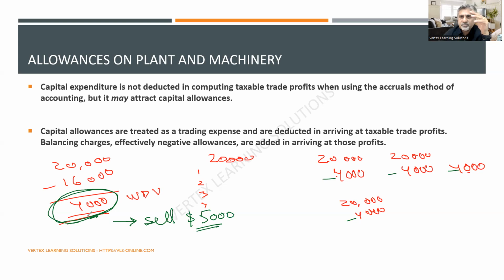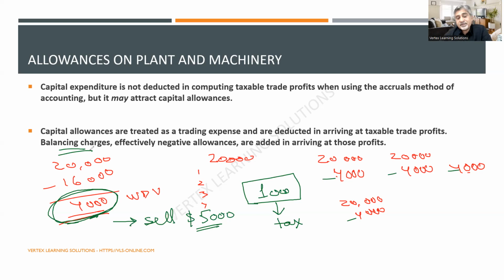An asset in your books for 4,000, you are selling it for 5,000. So what are you doing? You are making a $1,000 gain on disposal. On this gain, definitely you need to pay tax. And that tax is called balancing charge. That's all. The extra tax liability which you incur at the end of the life of the asset is called balancing charge.